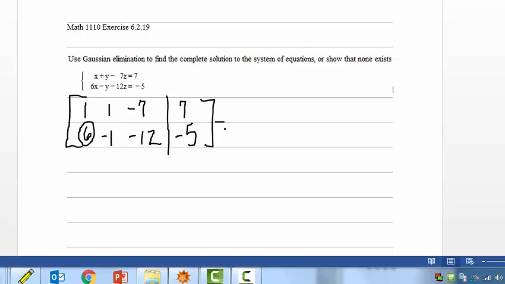I start from the leftmost column, move to the column right next to the dividing vertical line, and I get zeros on the non-diagonal elements of that column. So I'm going to get a new row 2 by multiplying -6 times row 1 and adding that to row 2.